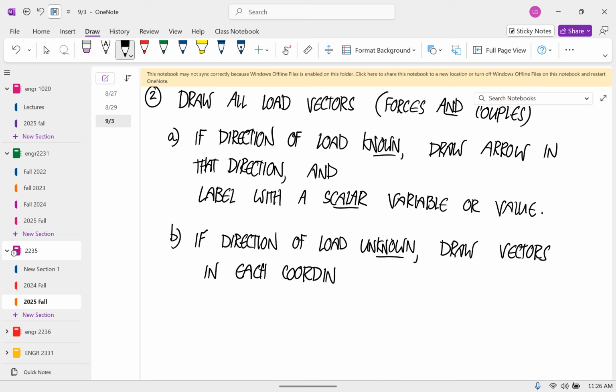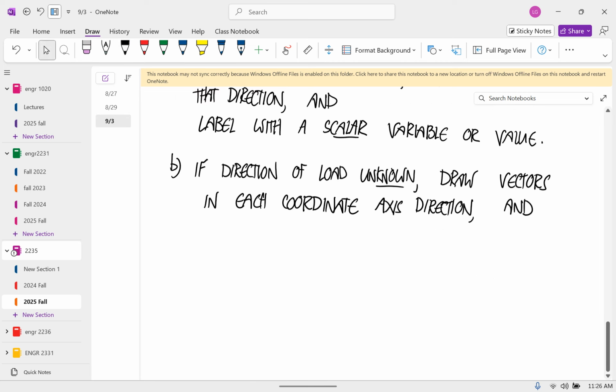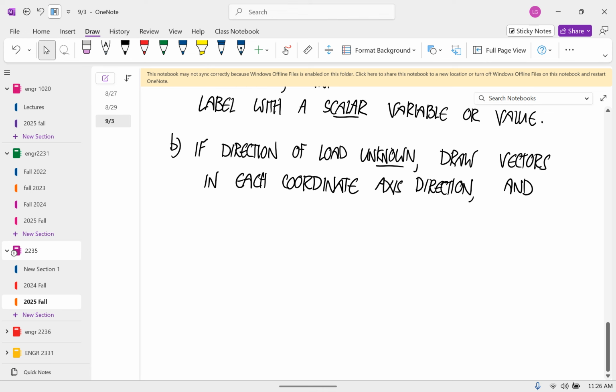Like basically you're just drawing a little thing that looks like a coordinate system. And then you're going to label it with a vector variable or value.